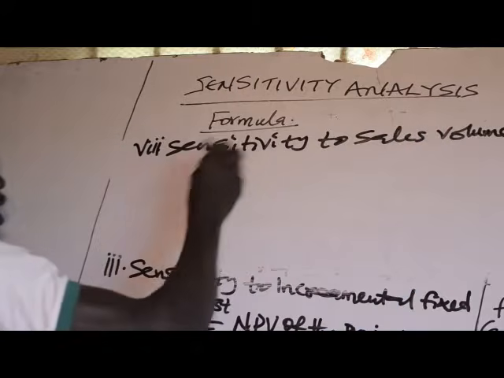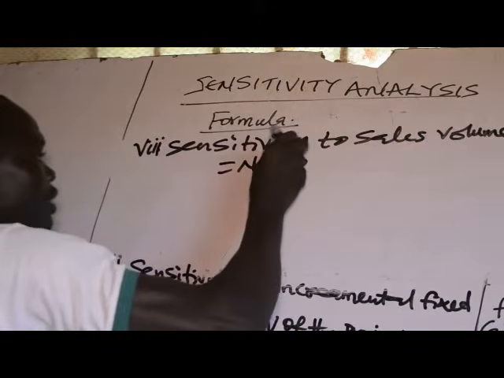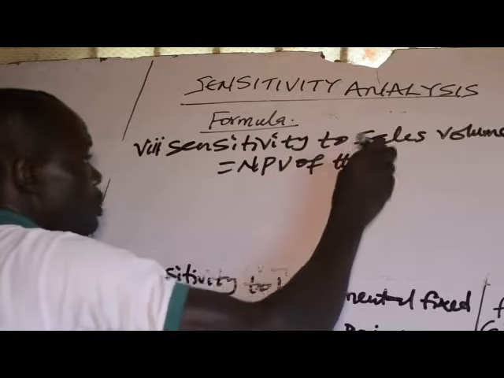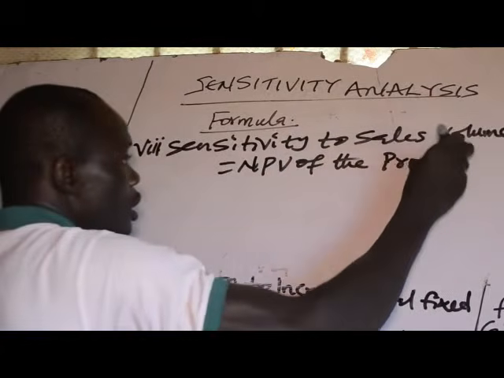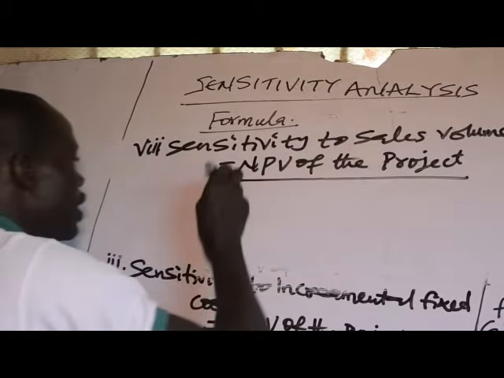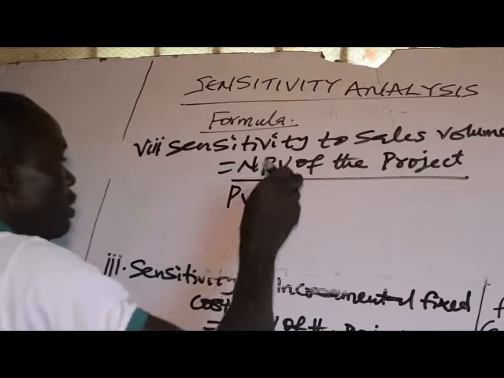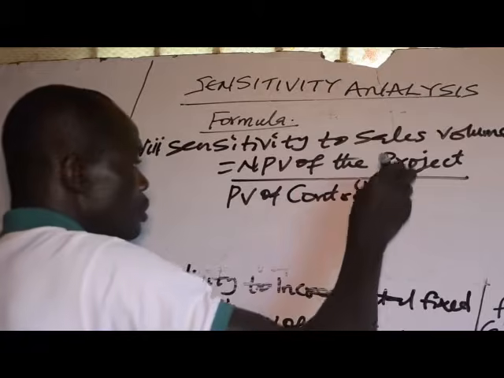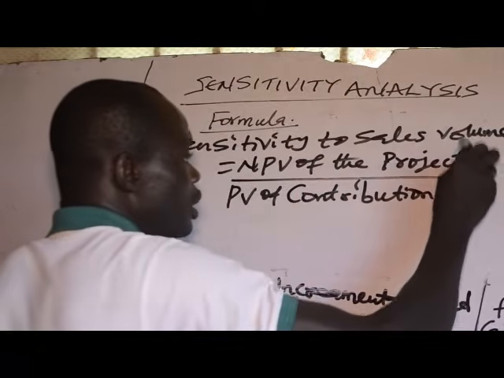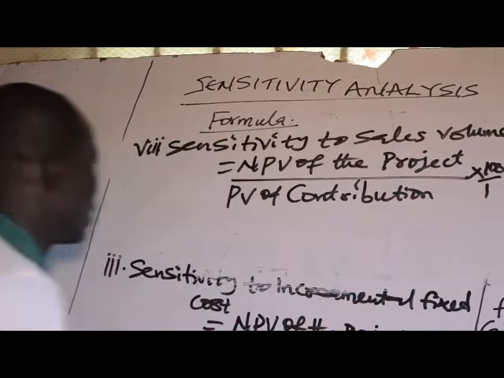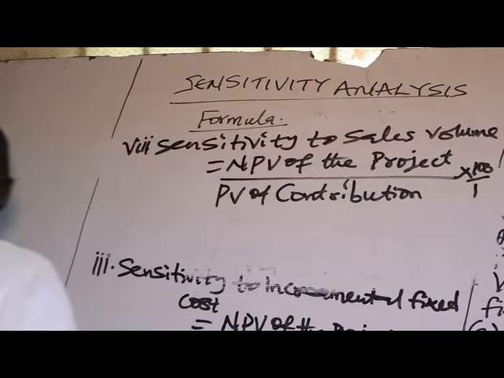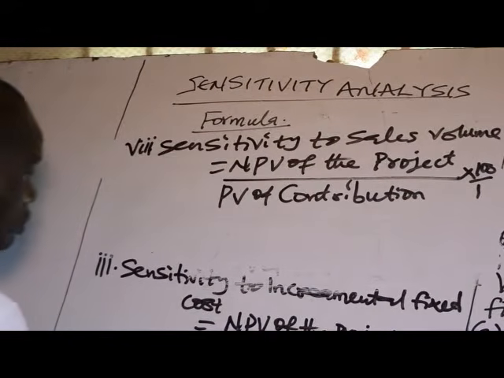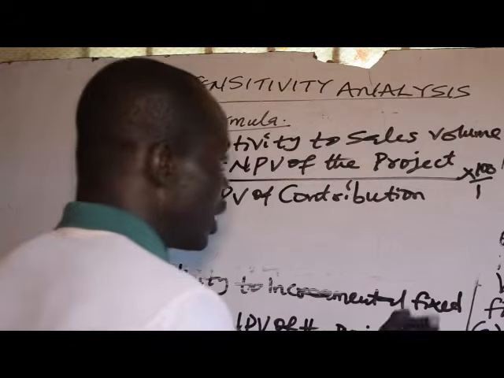That will be the NPV of the project over the PV of sales volume, that is PV of contribution, times 100. That is the sensitivity to the sales volume. These are the formulae we want to consider.